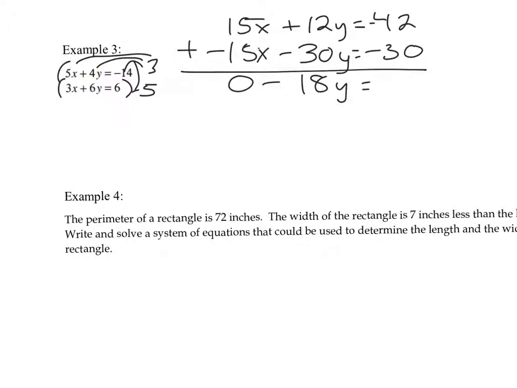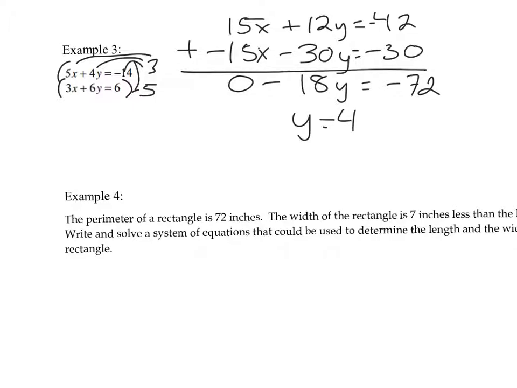And then I have negative 42 and negative 30, and I believe this comes out to be negative 72. All right, so now all we have to figure out is if these two we can divide. So we have 72 divided by 18. It comes out to a nice number, and we get y is equal to 4.